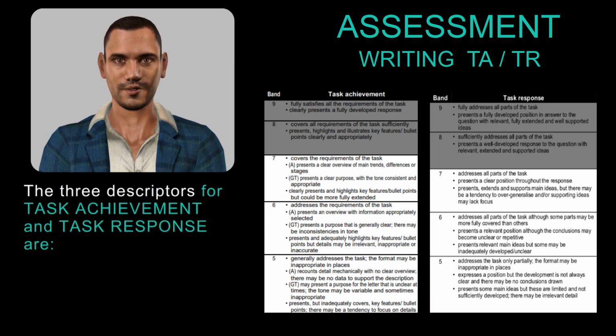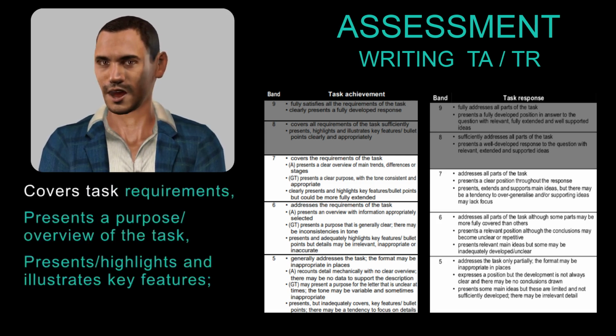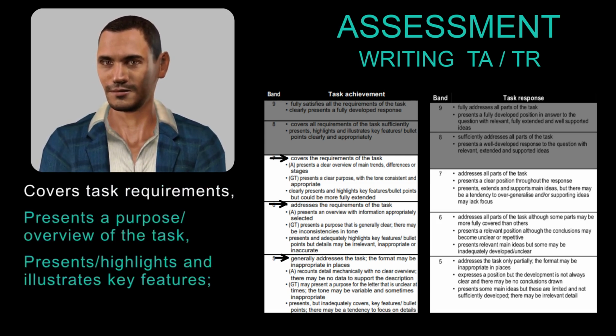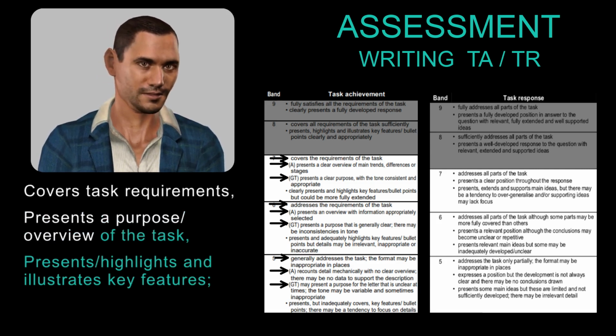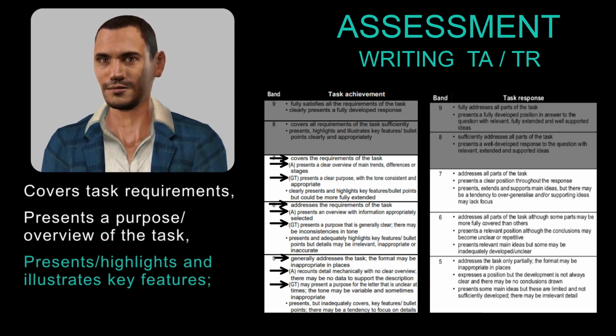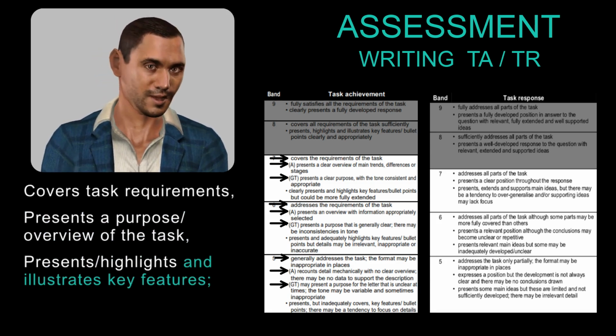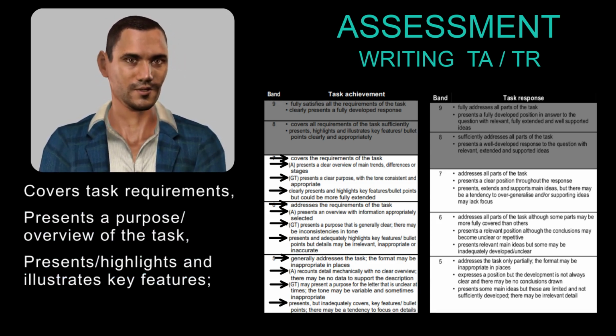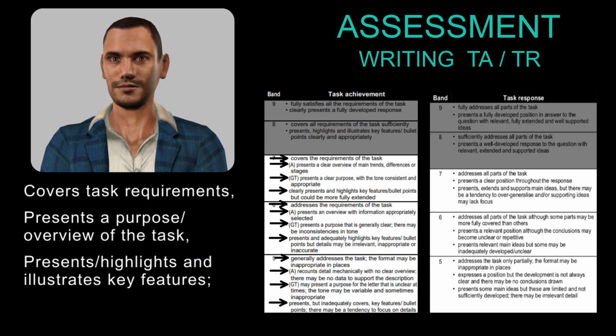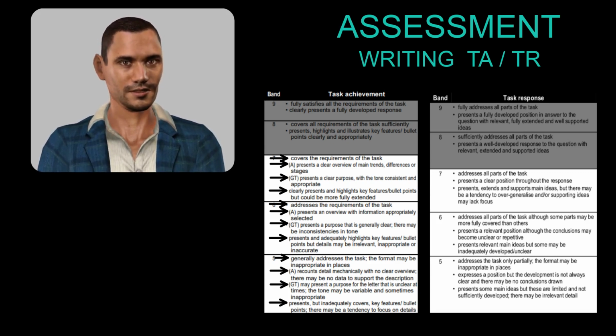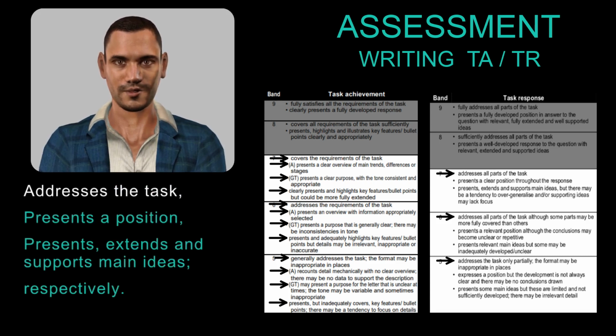The three descriptors for task achievement and task response are: covers task requirements, presents a purpose, overview of the task, and presents, highlights, and illustrates key features, and addresses the task, presents a position, and presents, extends, and supports main ideas, respectively.